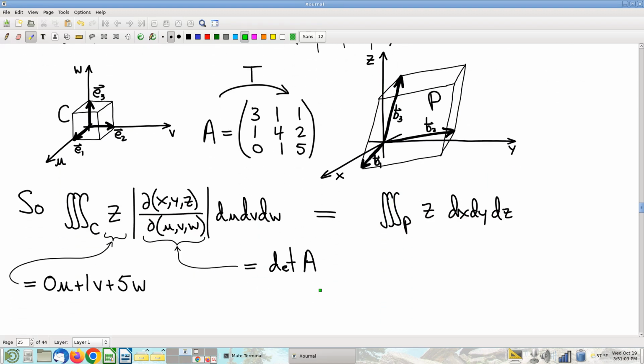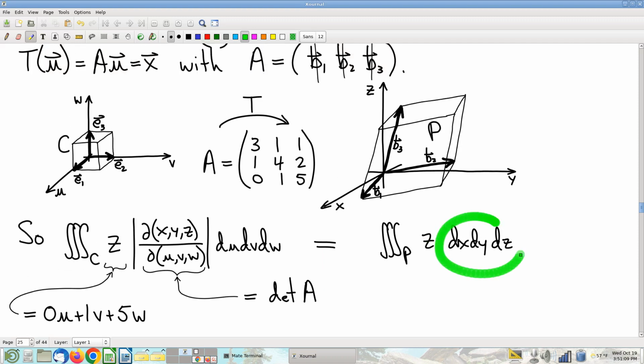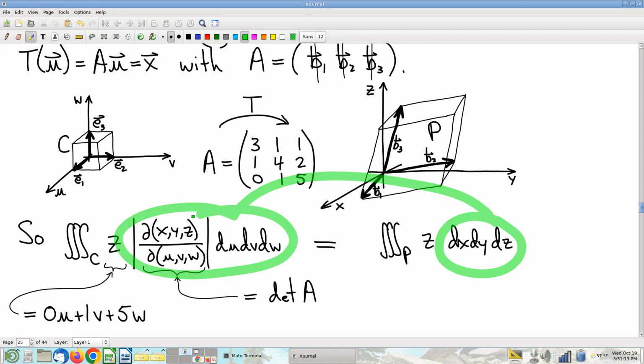We pull back. Everywhere I see, well, let's see, I'll do it like this. My volume on the right is stretching factor times volume on the left. There's my stretching factor. Going to have to compute the derivative matrix of your linear transformation. Oh, wait. Our linear transformation is defined by a matrix.